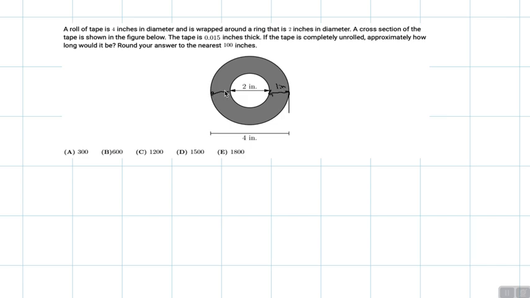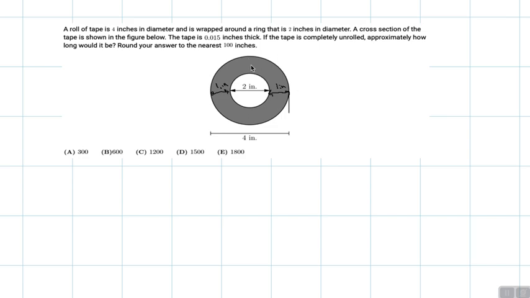This section here is 1 inch. When we're unrolling the tape, more and more of this is going to get closer and closer to this ring. And when it's gone past an inch, so really every time we unroll the tape, let's talk about this here.